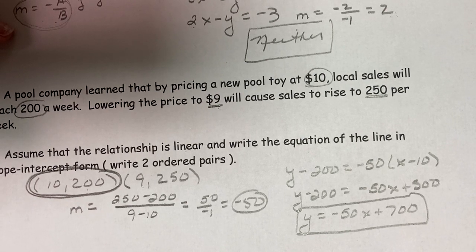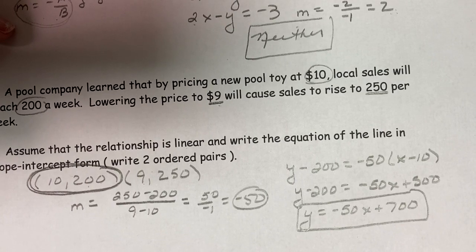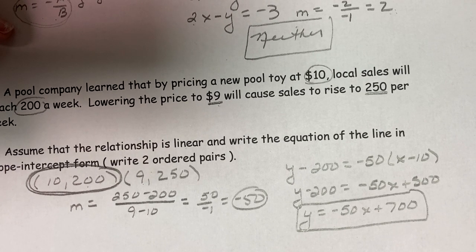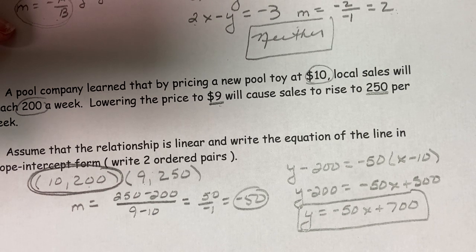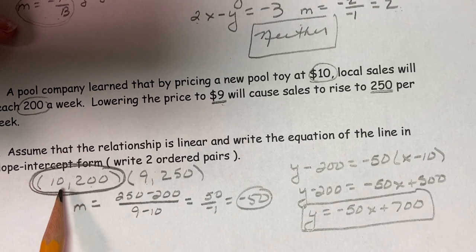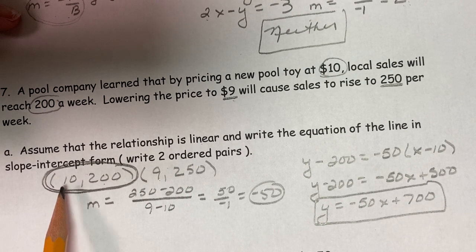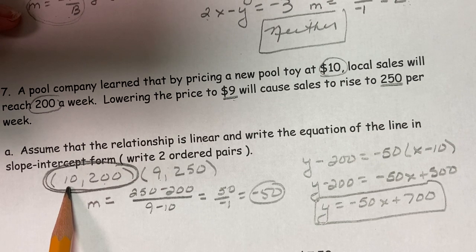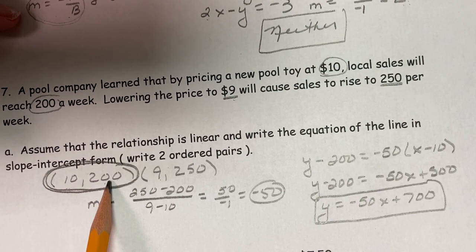So now, since our numbers stand for something, like we did in the story problem in the other section, we might want to change the x and the y to 2 different variables that make more sense with the story problem. If you look at our points, what did the x stand for? The x stood for the price, and the y stood for the sales, or how many they sold.